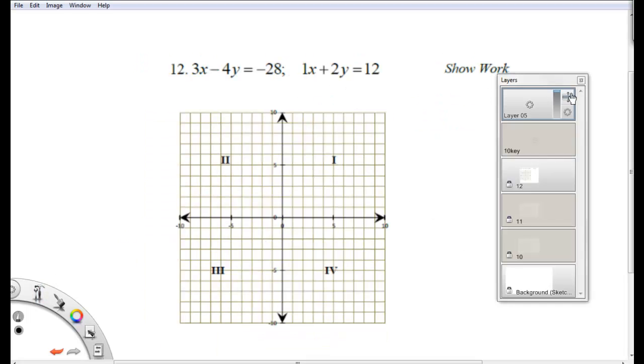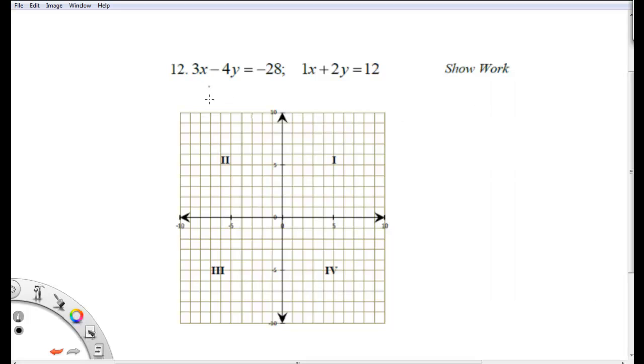So this is problem number 12. Let's put this equation in slope-intercept form. I've got y equals, this is a positive 3x, so I'll subtract 3x from each side, so it would be a negative 3x over here.